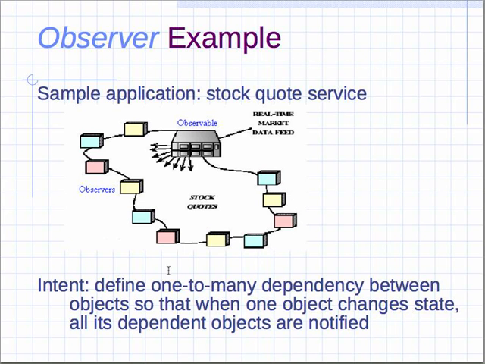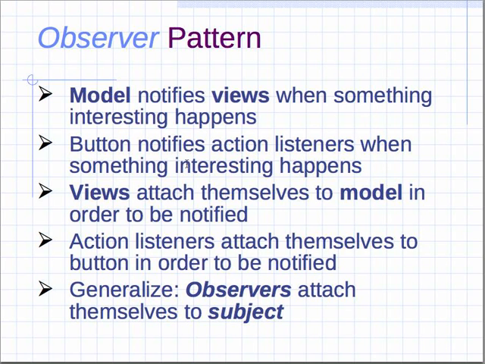So the intent is to define a one-to-many dependency between objects, so that when one object changes, that is the observable changes state, all its dependent objects are notified. So once again, the observable changes, a whole bunch of observers are notified of this change, and they take some action. So it's just like the JButton notifying action listeners.